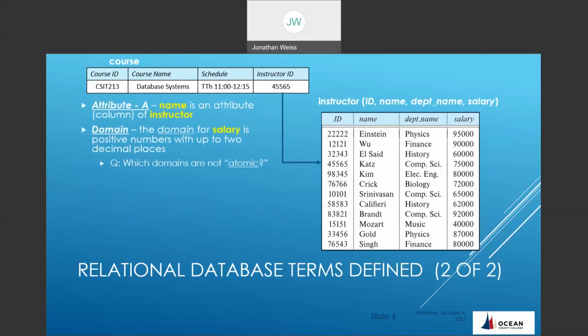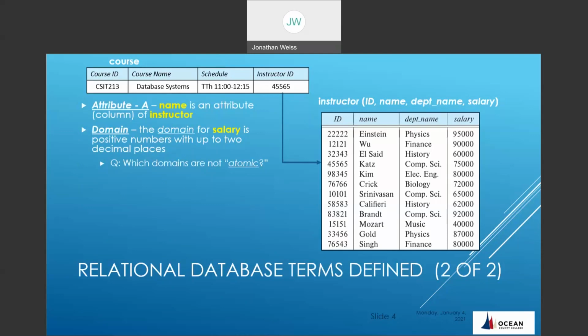The domain for salary is positive numbers with up to 2 decimal places. Okay, I'll get into atomic and non-atomic domains in just a second.